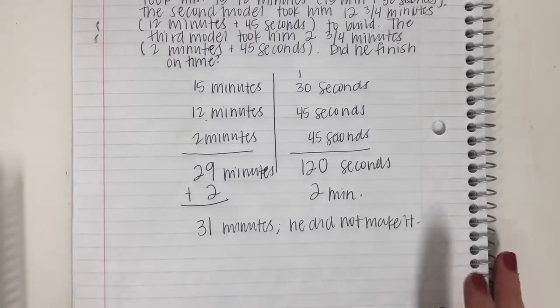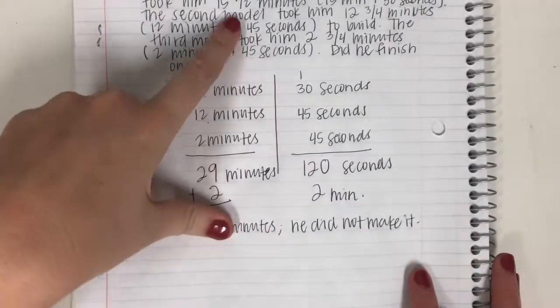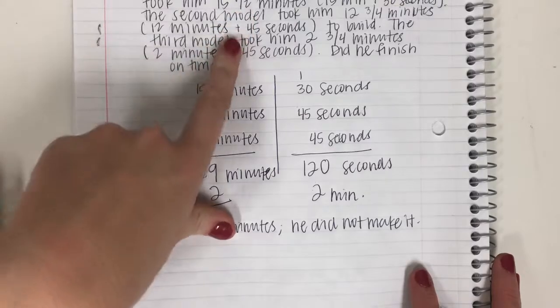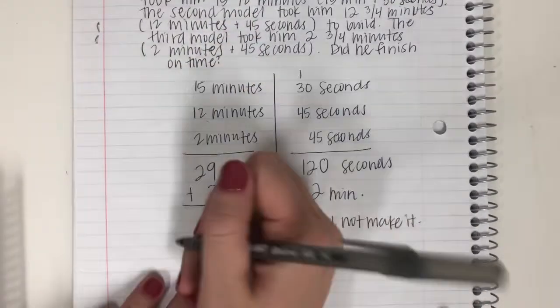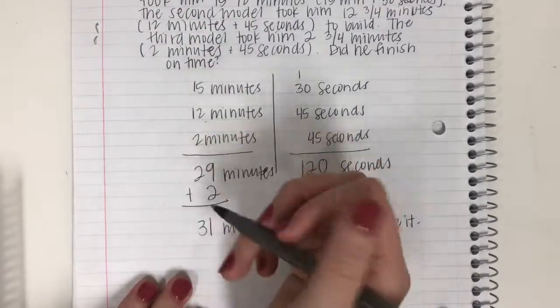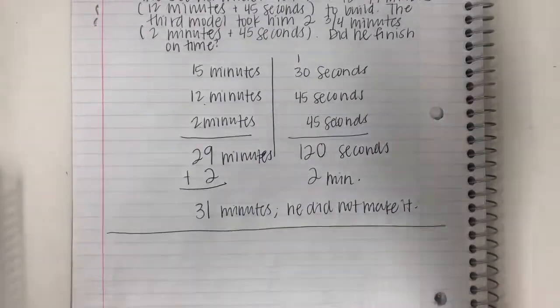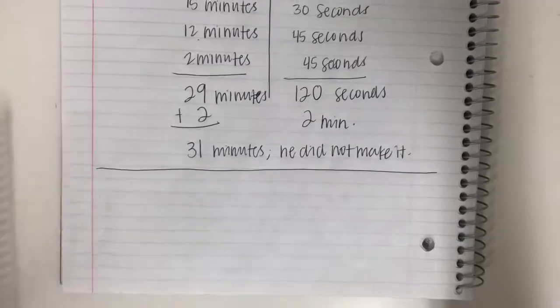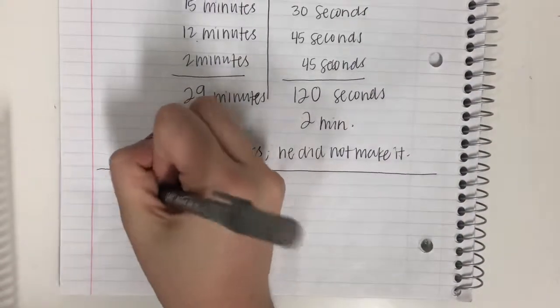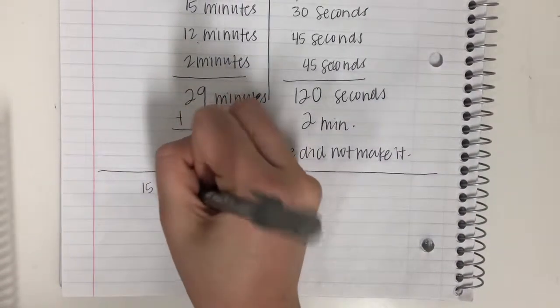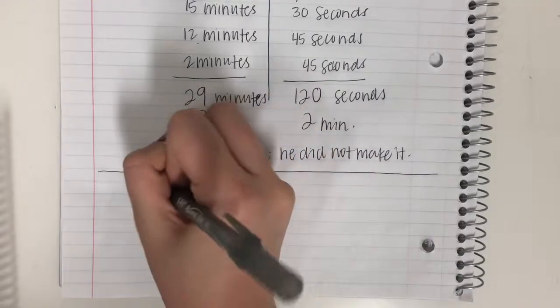Okay, and I just kind of want to show you how I converted these fraction times to seconds. I'm going back up to the problem, because I kind of did it in my head and didn't really show you. So, for example, it said 15 and a half minutes.